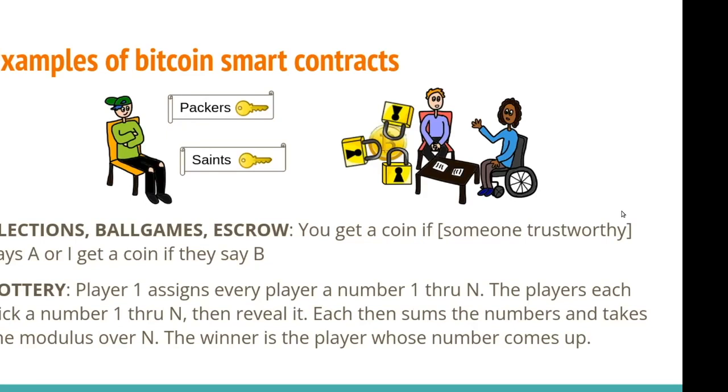So you can do lotteries and coin flips and stuff without needing a third party because Bitcoin can do random numbers. It's actually really good at random numbers. We do them all the time. We love random numbers in Bitcoin. They're everything. They're your public key, they're your private key, they're the block header. Bitcoin loves random numbers.